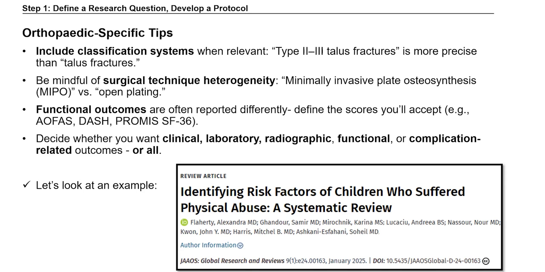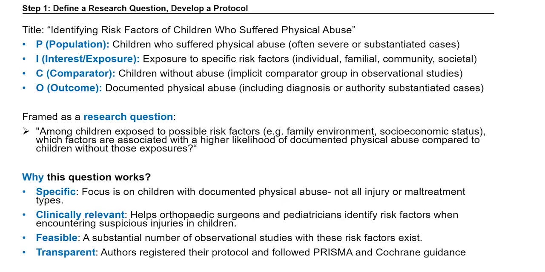Let's look at an example. This is one of our recent published papers, a systematic review on identifying the risk factors for children who suffered physical abuse. Let's look at the title, Identifying Risk Factors for Children Who Suffer Physical Abuse, based on the PICO criteria. Population: we are looking at children who suffered physical abuse.